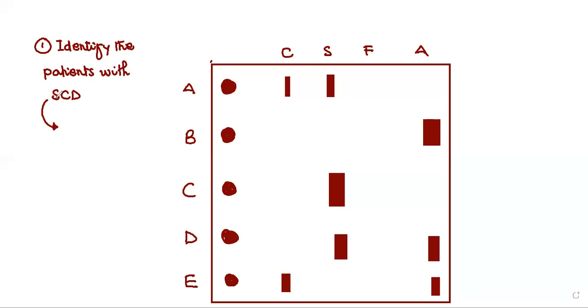Patient C. Okay, who else? Is that all? The patient with sickle cell disease. Oh. Yes. Patient D. Patient D doesn't have sickle cell disease.